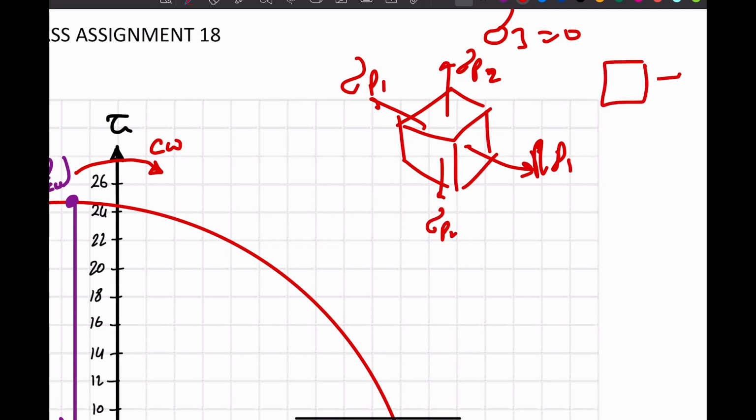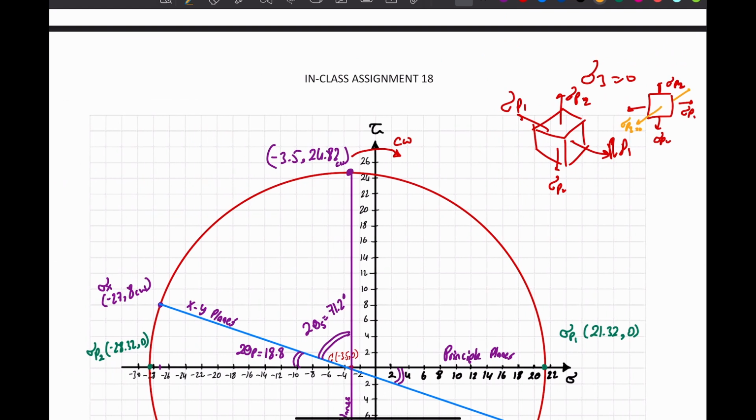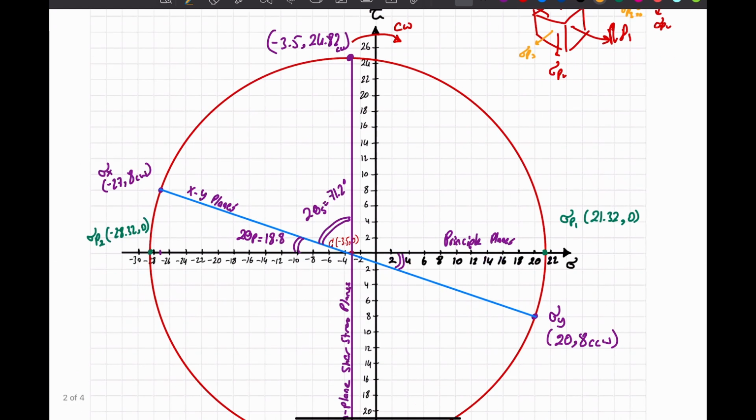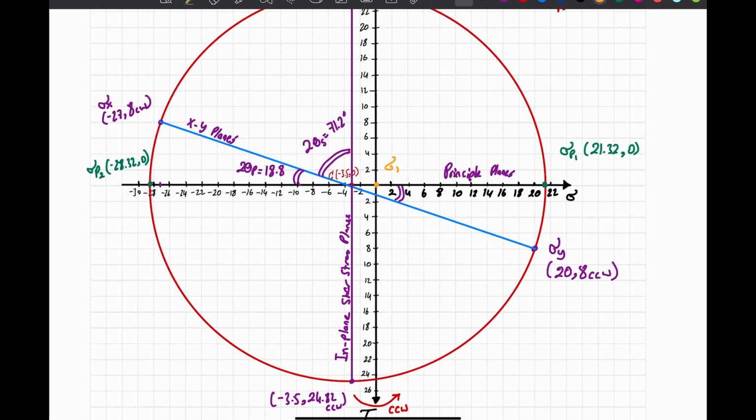If I'm going to draw them in 2D, we have sigma P1 and sigma P2. So this face is that face. And this is P1, P1, and then P2, and there's another P2 here. The sigma that's coming out of the page, which is the out of plane, is going to be sigma P3, and it's going to be 0 unless mentioned. So by default, it's going to be 0. So now I do have the sigma P3 here.